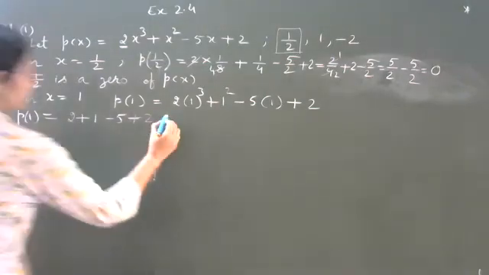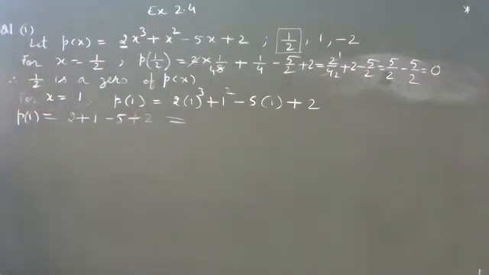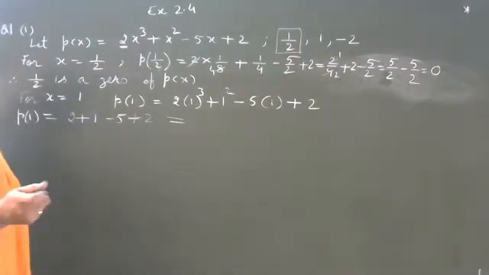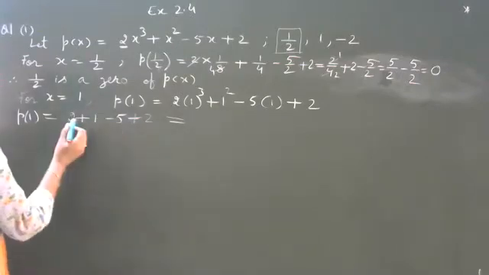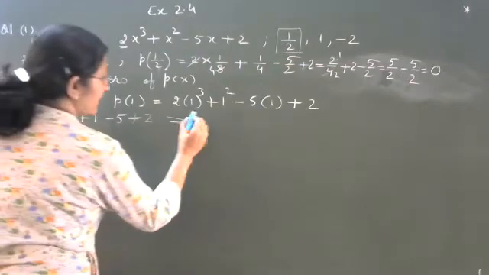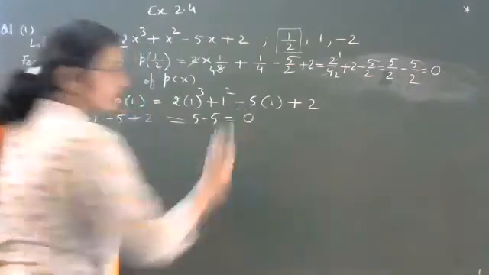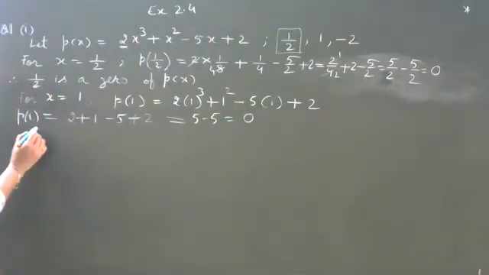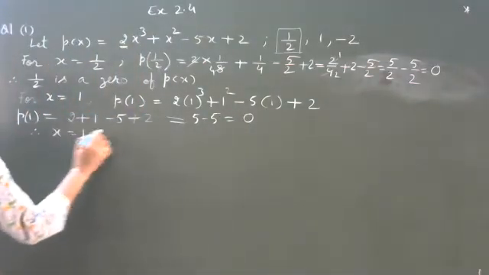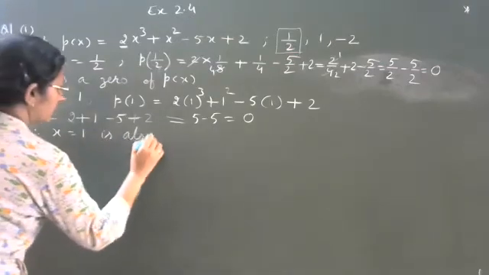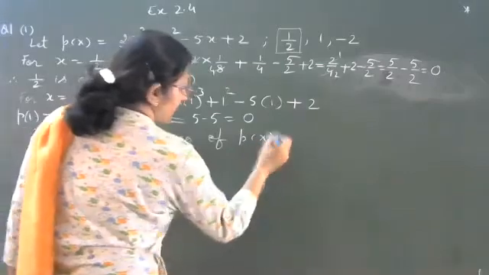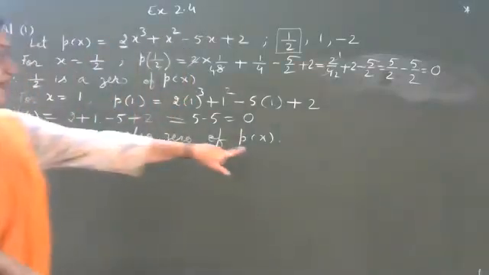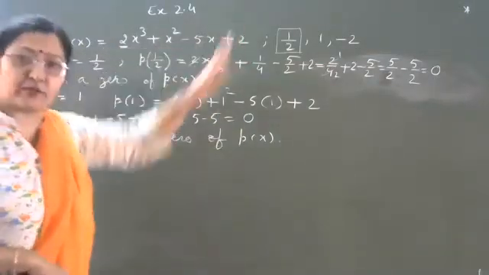So here the total answer will also become 0. 2 plus 2, 4 plus 1, 5 minus 5 is equal to 0. So therefore, x equal to 1 is also a zero of p(x). आपकी मर्जी है, आप इसको p(x) भी लिख सकते हो and you can write the full polynomial also.